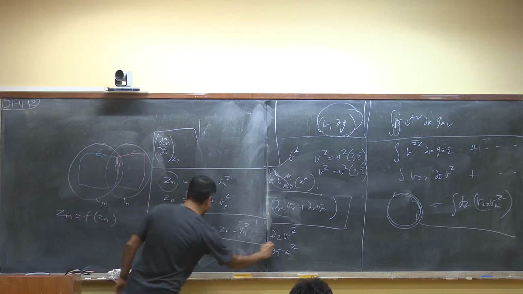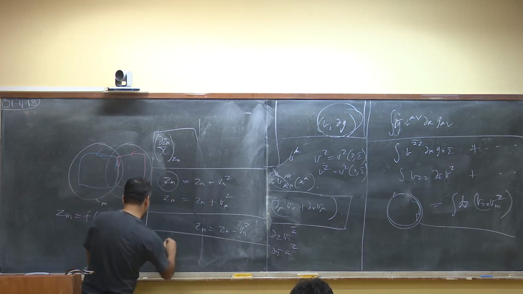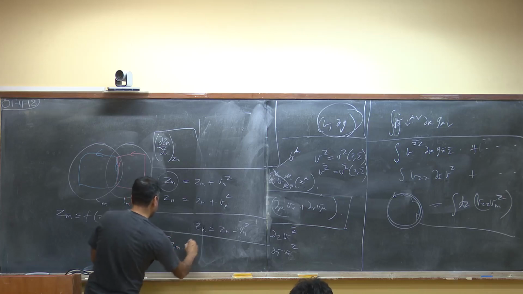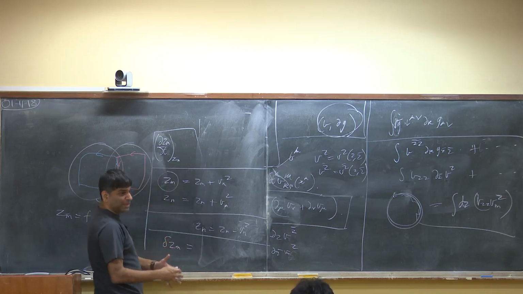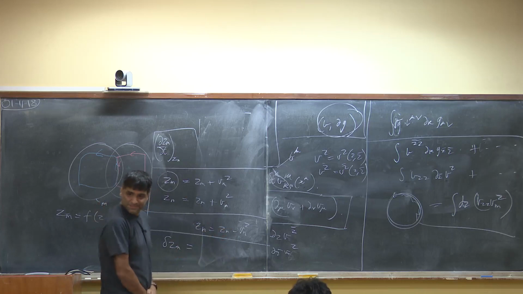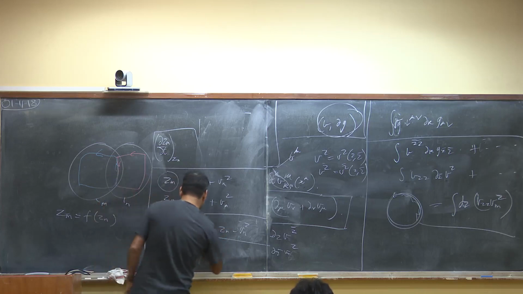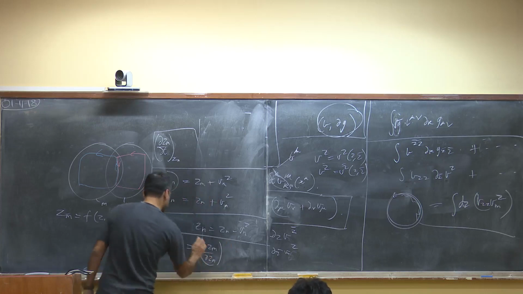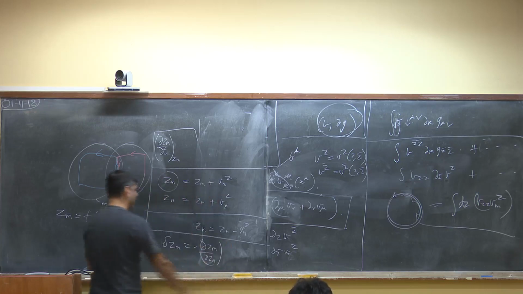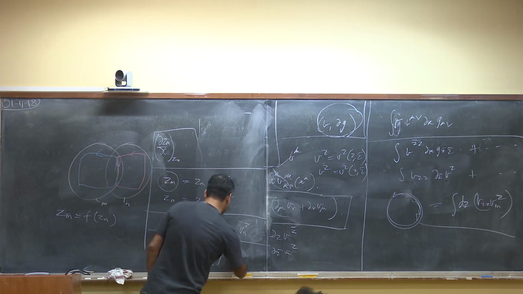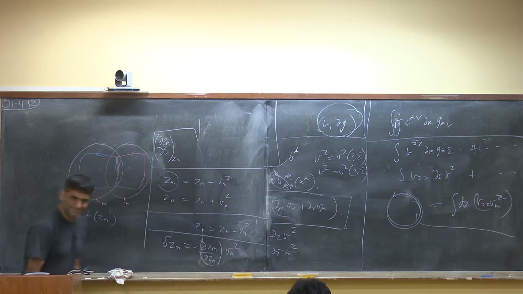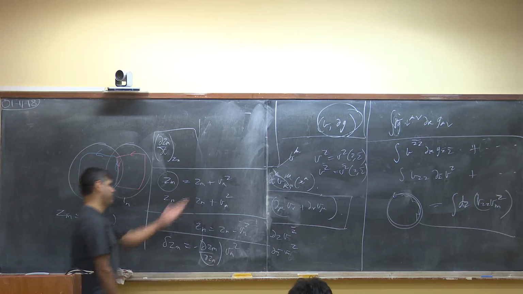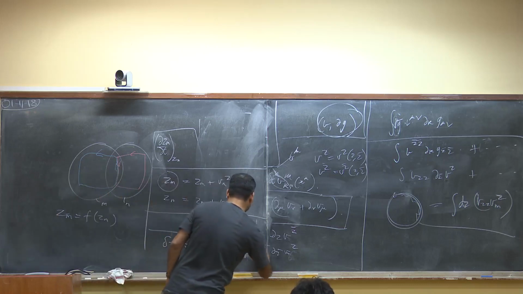Clearly the change in Zm is how much it's changed because Zn has changed by this much. So del Zm by del Zn times minus Vn of Z, plus Vm of Z.